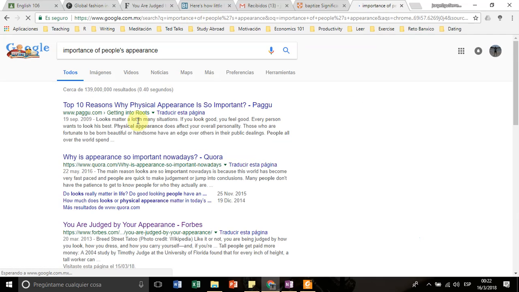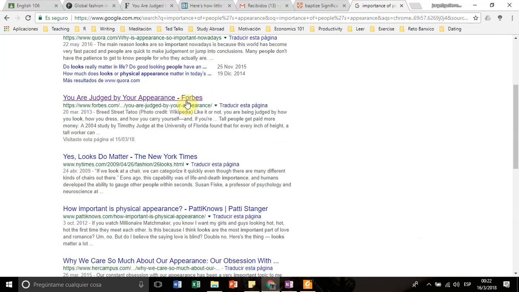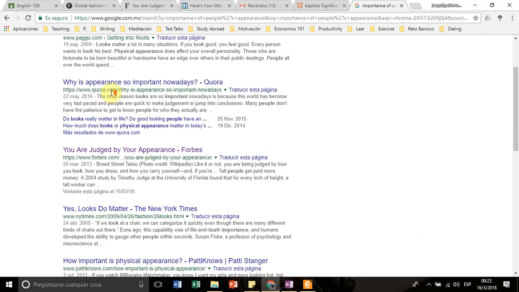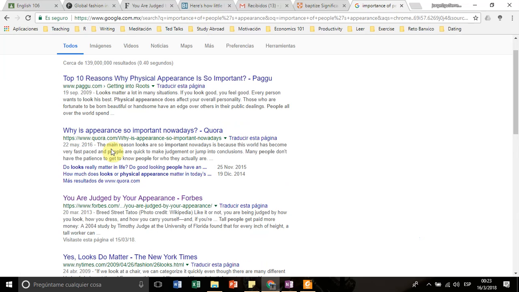I selected this article because Forbes is a reliable business page. I don't know if Quora is a good source since it is made up of the opinions of other people.